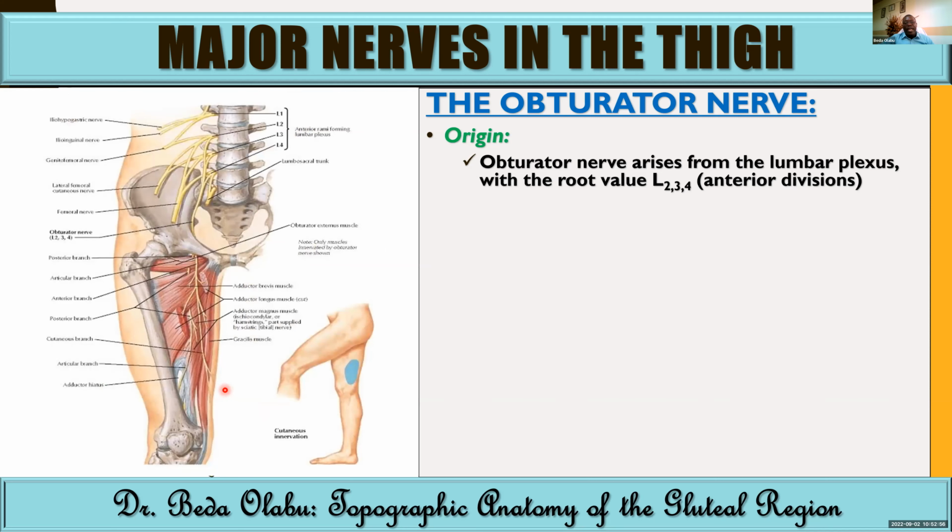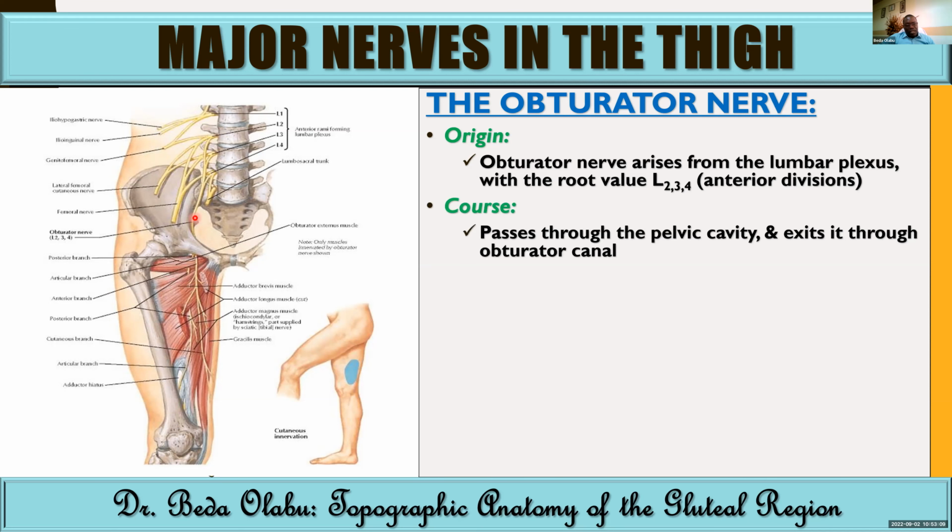With the root value L2, 3, 4, anterior division, the obturator nerve runs within the pelvic cavity, as you can see there. It then passes through the obturator foramen. Remember, the obturator foramen is covered by the obturator membrane, but there's a small opening on the upper part, which you call the obturator canal.